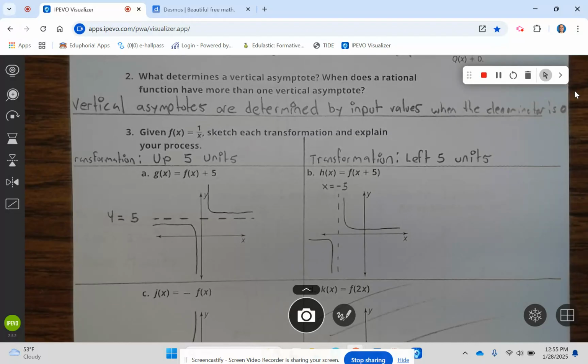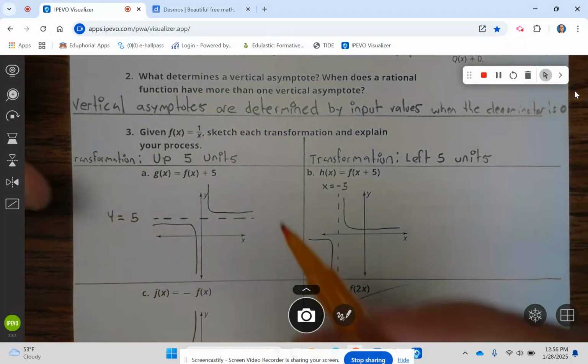Alright, number 3. Given f of x equals 1 divided by x, sketch each transformation and explain your process. Okay, so when you have g of x equals f of x plus 5, let's go ahead and graph that in yellow.